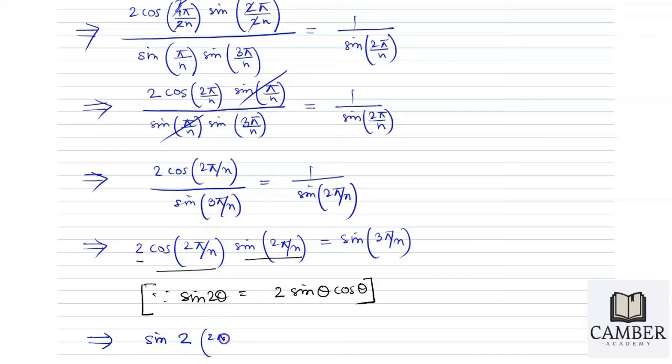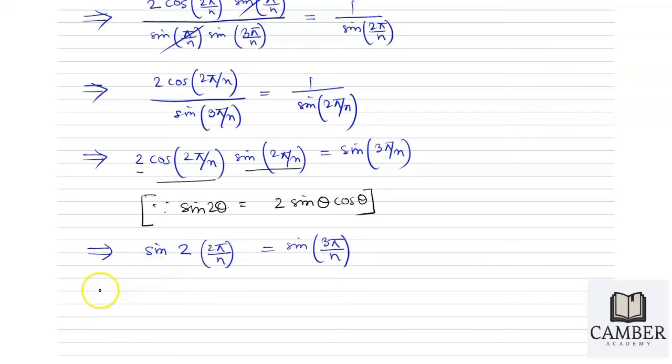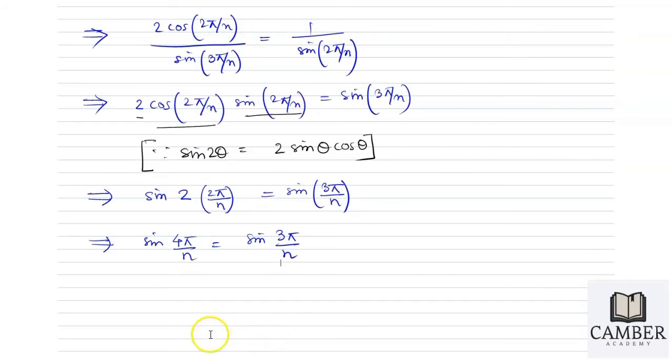So we get sin 4 pi by n is equal to sin 3 pi by n. Now what to do? We have learned previously the general solution formula. We know that if we have sin x is equal to sin y, we can write the general solution of sin.